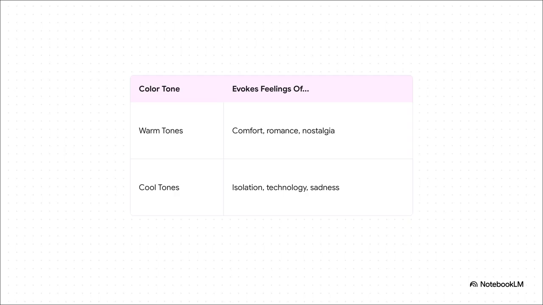And what's wild is how directly these colors map to our feelings. It's like a cheat sheet. Filmmakers know that warm tones, all those reds, oranges, and yellows, instantly make us think of things like comfort, love, and happy memories. And on the flip side, they know that cool tones, the blues, the greens, the sterile whites, can make us feel isolated or sad, or give us a sense of something being very high-tech and impersonal.